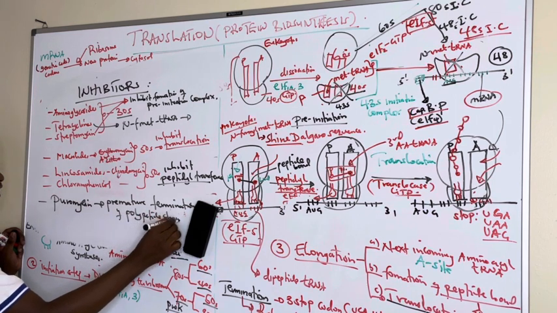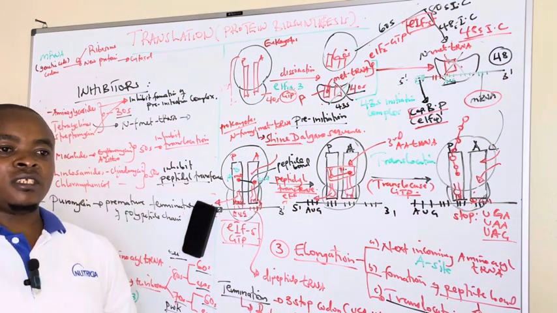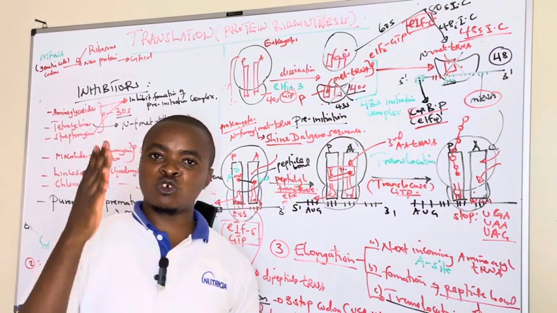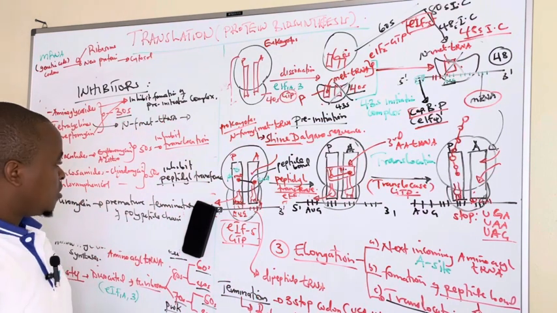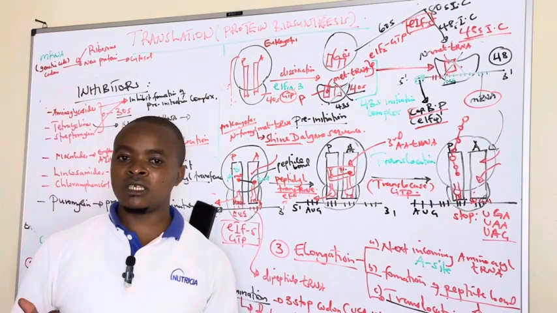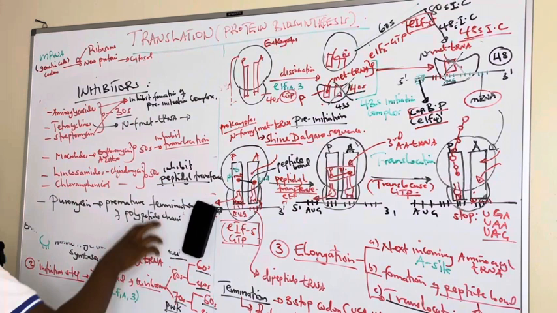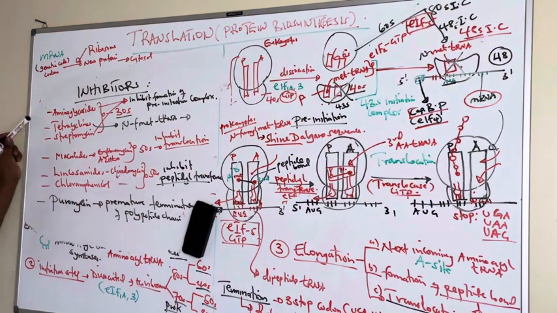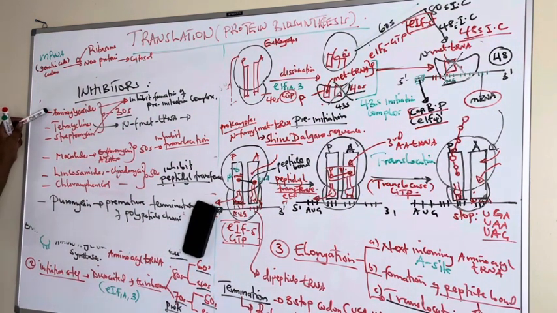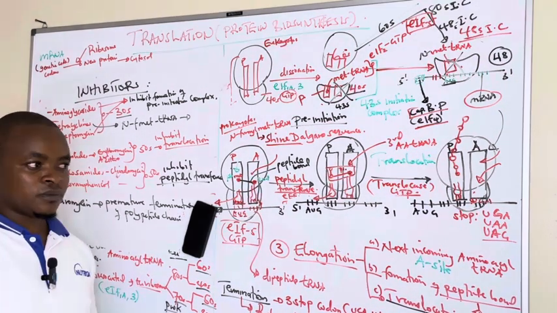We have seen for termination to occur, we need a stop codon, but puromycin acts as a stop codon whereby it terminates the polypeptide chain before its maturity, leading to formation of a wrong protein. And these are the inhibitors we can talk about. These ones inhibiting the 30S, these ones affecting the 50S ribosomal subunit.